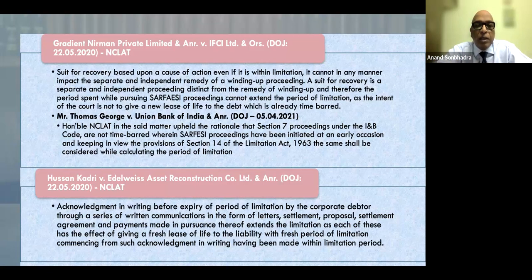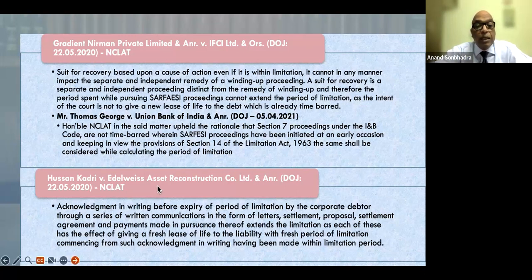So here it's saying, please consider. Let's move on and see later on what gets affirmed, because during 2020, we have an NCLAT order which says the Limitation Act does not apply. Some orders have said that it applies in this particular scenario. So let's look at one or two more orders and then draw the conclusion.